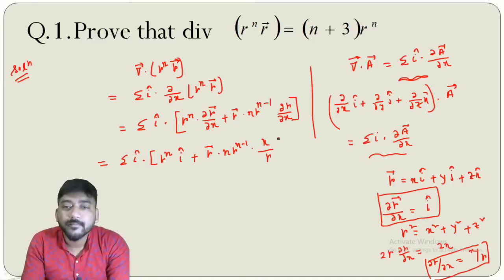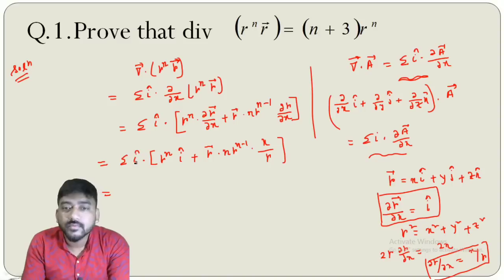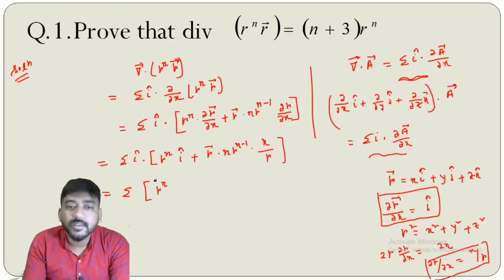Now if you take the dot product, you will get summation of r to the power n times i dot i, plus i dot r also, because with this r there will be a dot product with i cap.